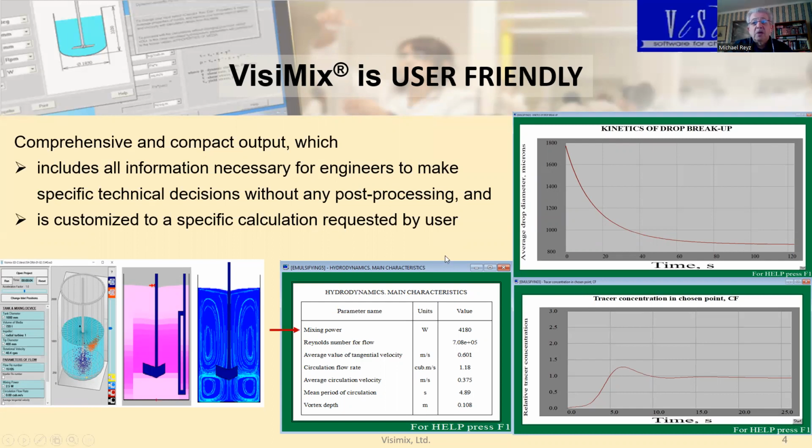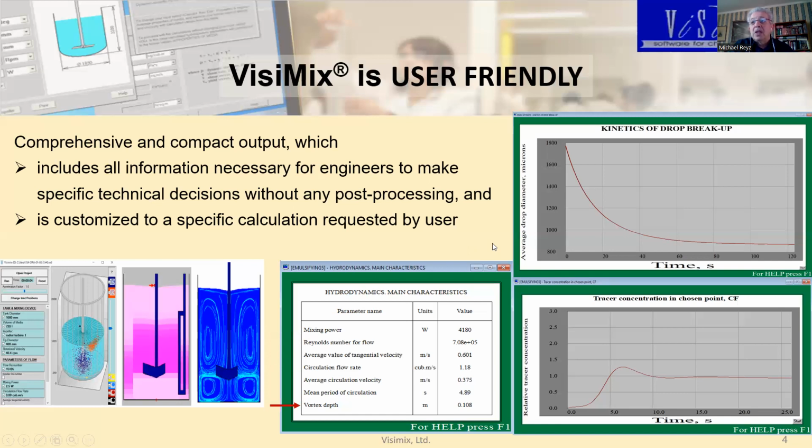On the next screen, we show various hydrodynamic parameters, such as mixing power, Reynolds number for flow, average value of tangential velocity, circulation flow rate. Let's jump through a couple of lines and move to the bottom, to the vortex depth. So these are the major fluid dynamics characteristics that would be shown in the main output menu.